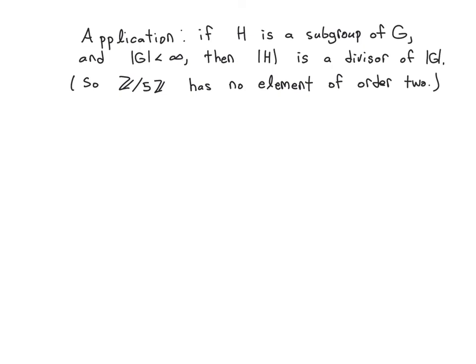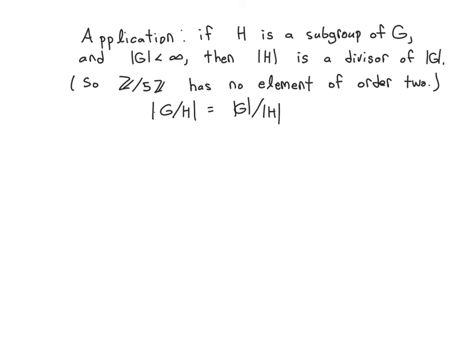There's another application of Lagrange's theorem. Suppose H is a subgroup of G, and G is a finite group. Then the size of H has to be a divisor of the size of G. Why is that? Because we determined that the number of cosets was given by this formula. This number is a positive integer.